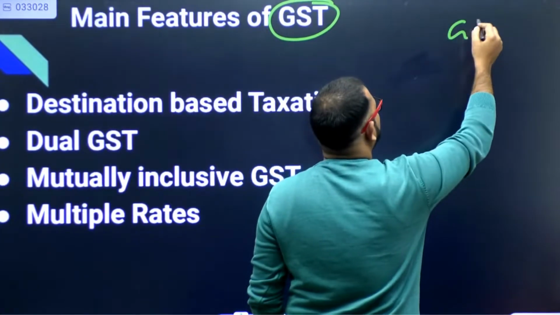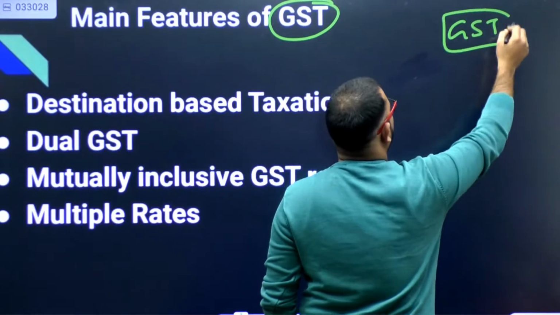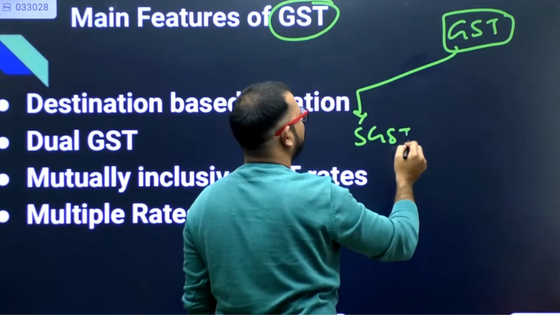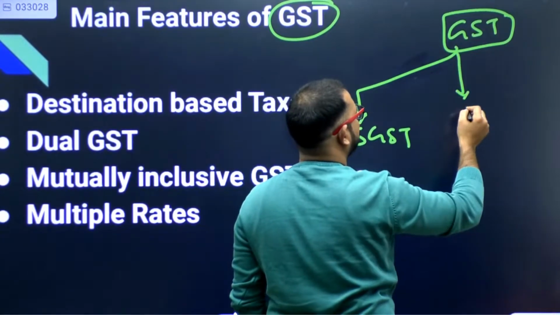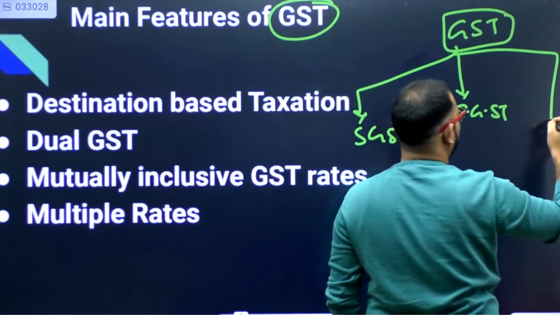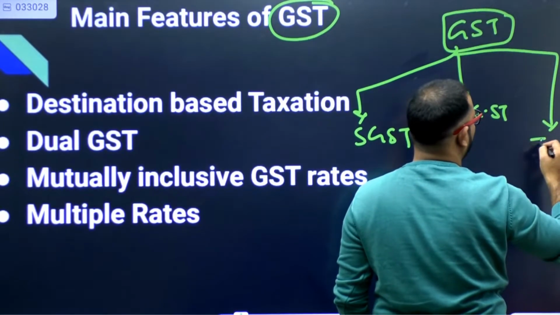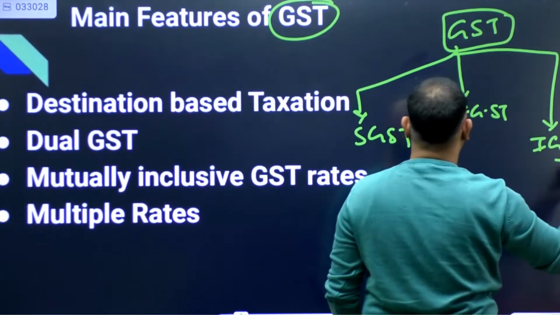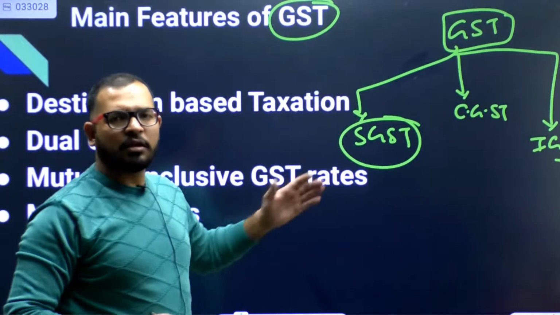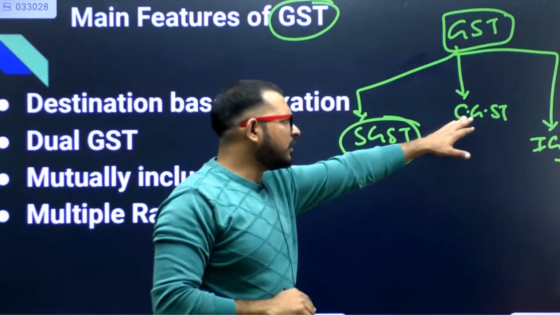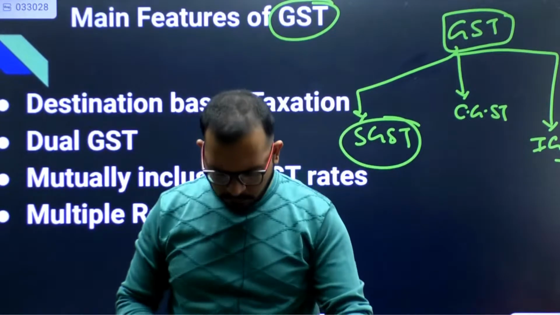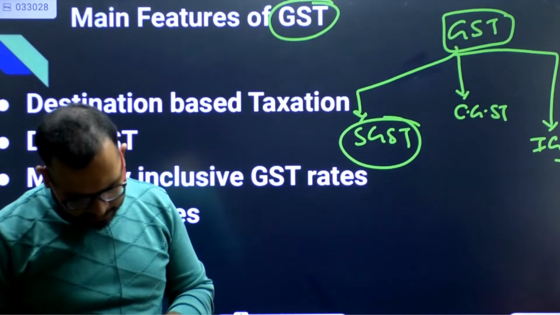Under the GST, one is SGST, one is CGST, next is IGST. So what is this SGST? It is the State GST, Central GST, and Interstate GST.